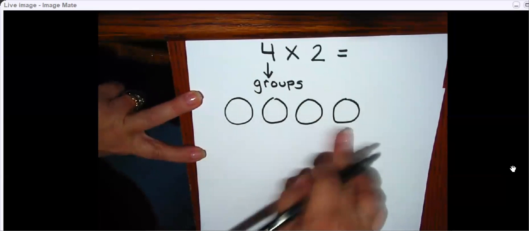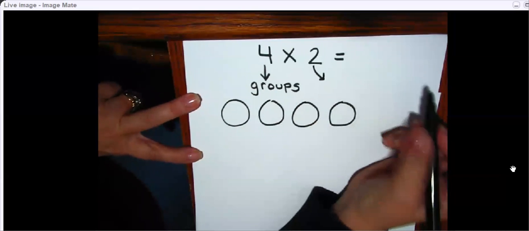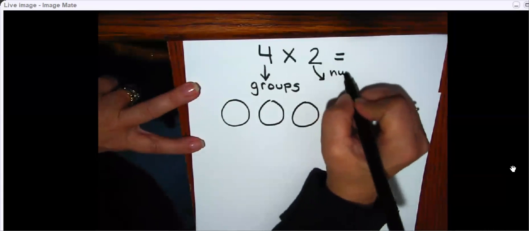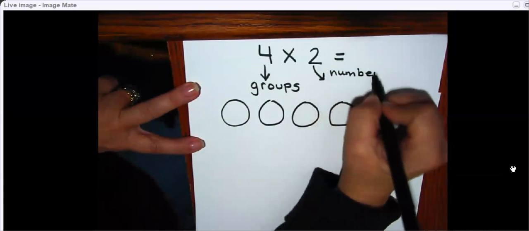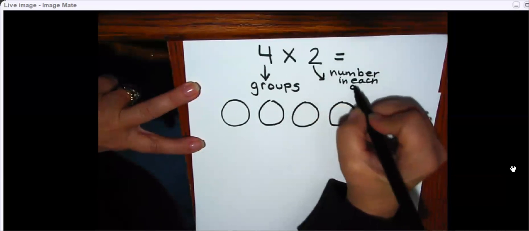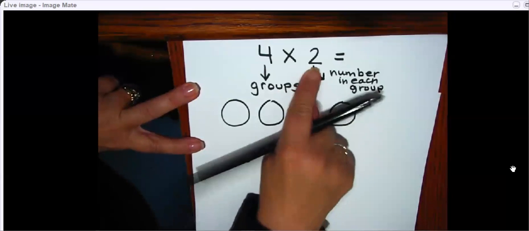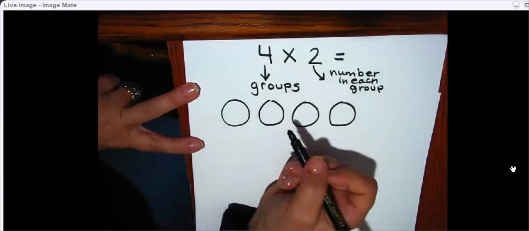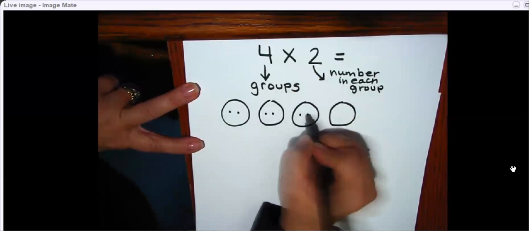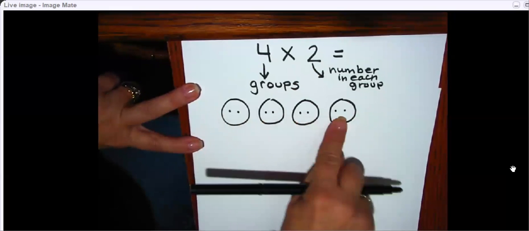And then this one tells me I have to make 2 in each circle. So I have to put the number in each group, in each circle. So this is a 2. So that means I have to put 2. And again, I like to just use dots. Easy. 1, 2, 1, 2, 1, 2, 1, 2. And I put 2 in each one of them.